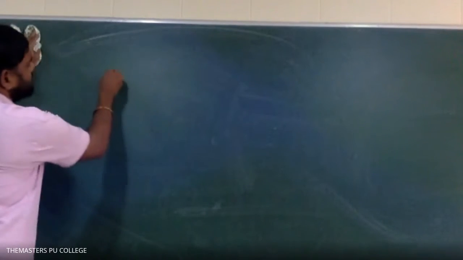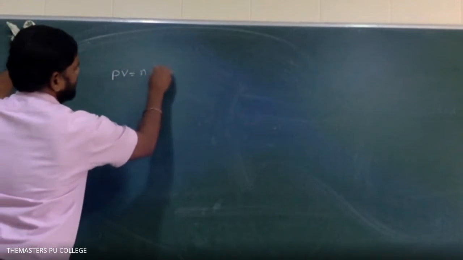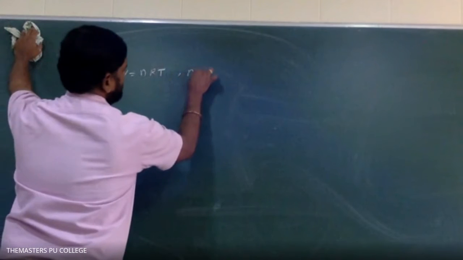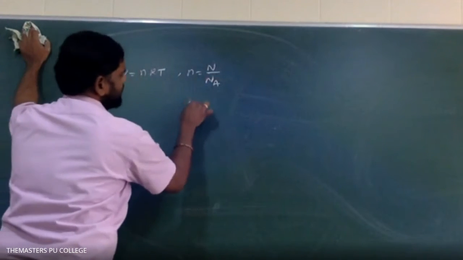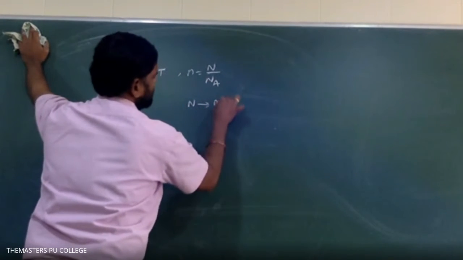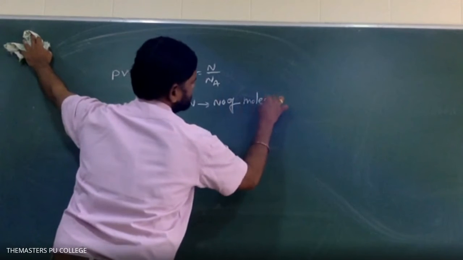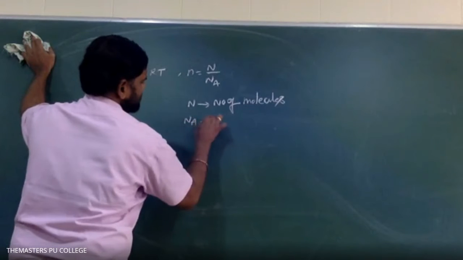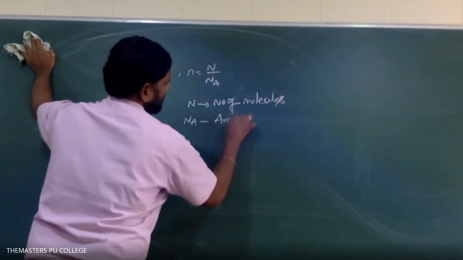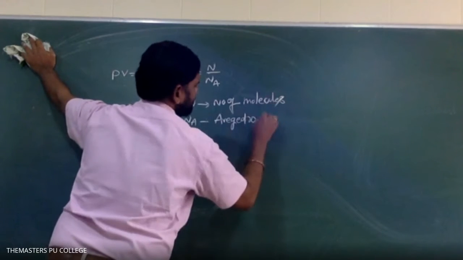Therefore, for n moles of gas we got PV equals nRT, where n is equal to capital N divided by Na. Capital N stands for the number of molecules, and Na is the Avogadro number.